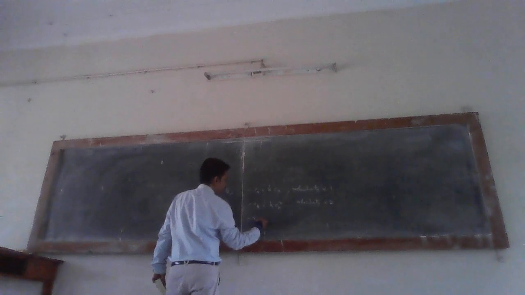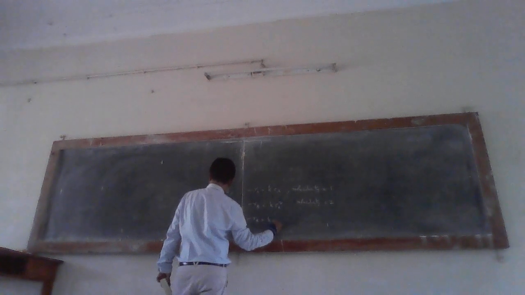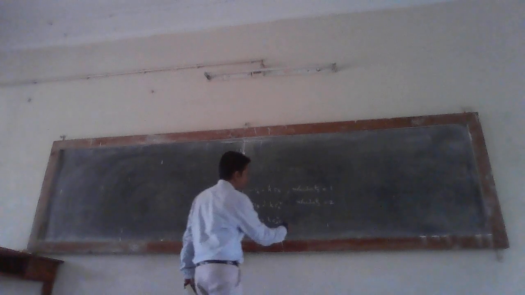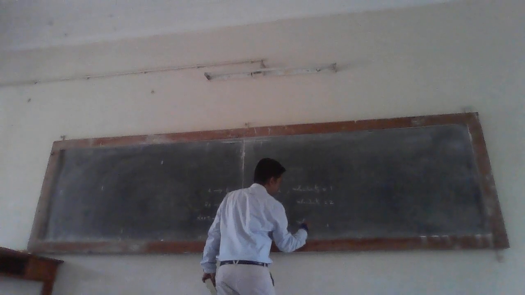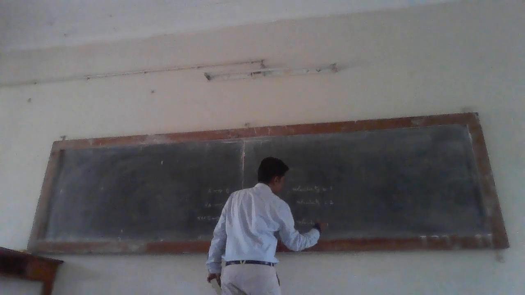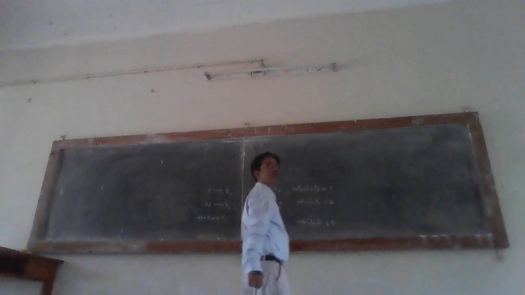What is the molecularity here? Maybe if I write some more equations like this, what is the molecularity? 3. Now I already told the difference between elementary reaction and non-elementary reaction.